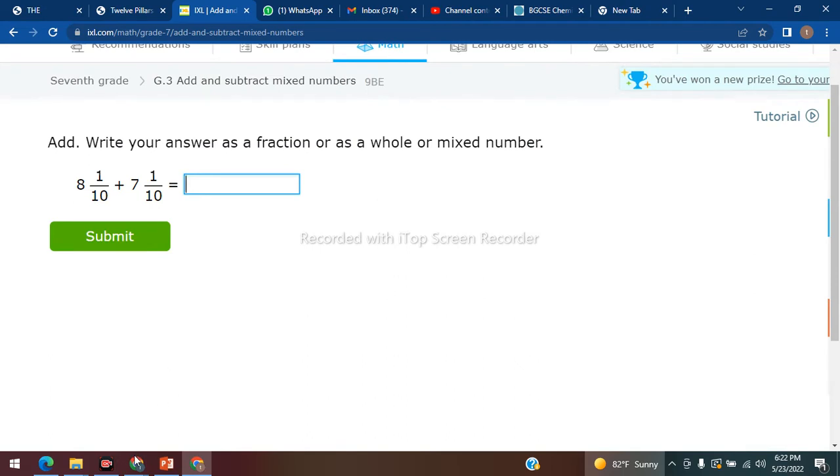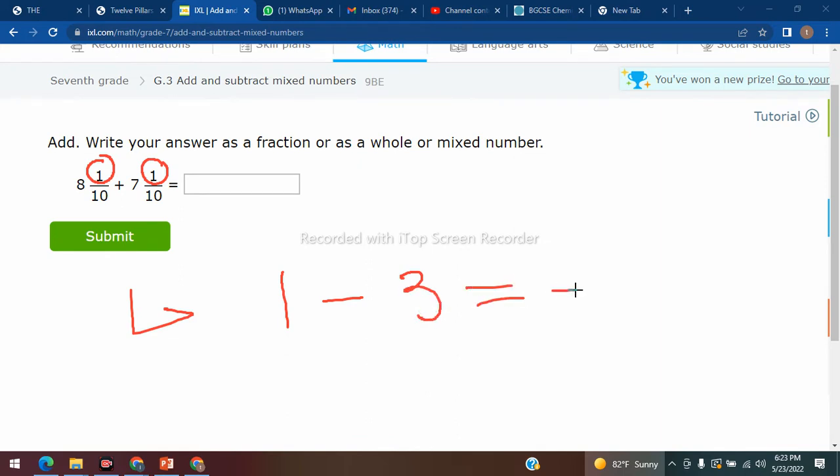We're doing the borrowing because this number was lower than this number. And so when you try to subtract them, say if we have 1 minus, say, 3, we'd end up getting a negative 2. And we don't want that, right? That's why we do the borrowing.